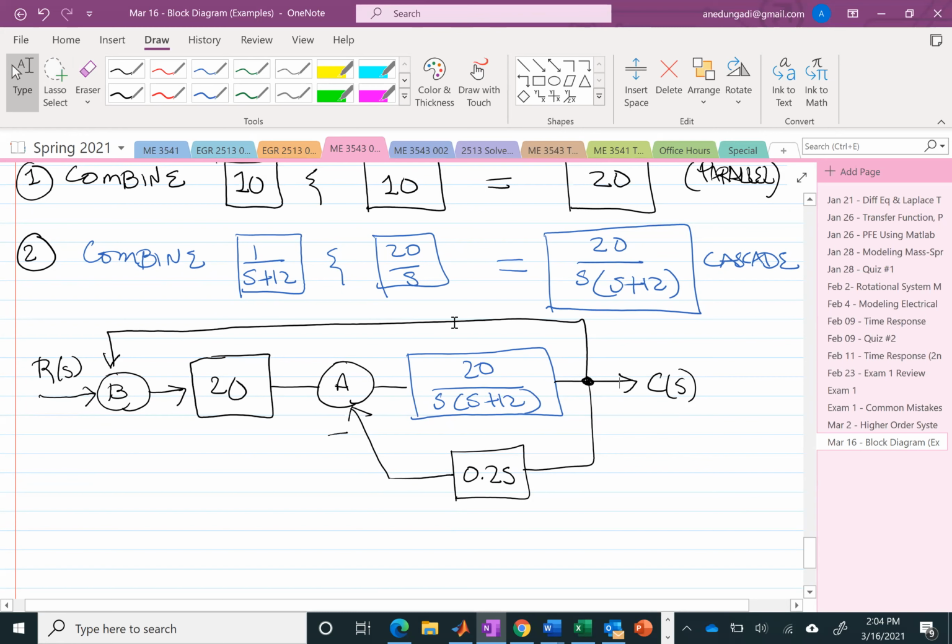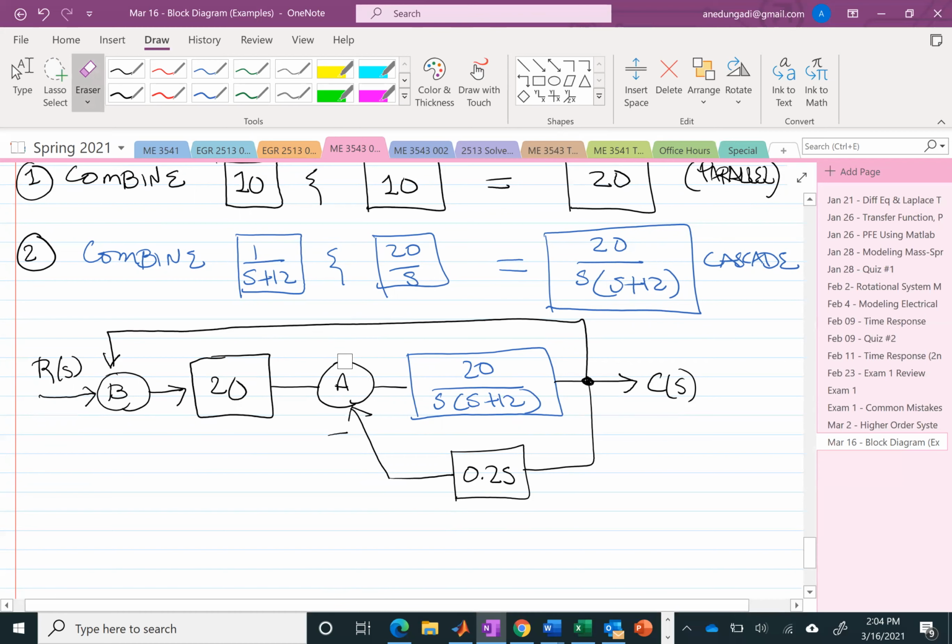You cannot add it because they do get the same input, they're not parallel yet. They get the same input, but their output goes to a different summation block. The output of 0.2s goes to A, and the output of the unity feedback goes to B. So do you understand why you cannot just add them together? Okay, good.